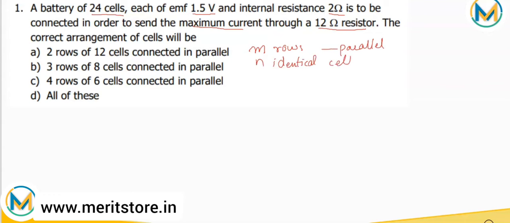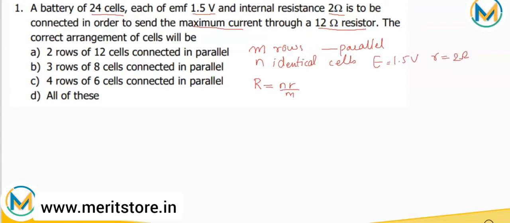That means each cell has EMF equal to 1.5 volt and internal resistance equal to 2 ohm. For maximum current in the external resistor R, the necessary condition is that R equals n times the internal resistance, the whole upon m.